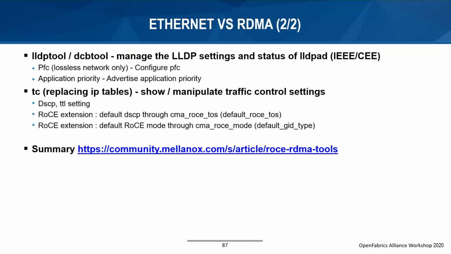It is not one-to-one. We still have gaps there, and we are working on it. And if you want to visit this community page, the link below will bring you there. So that's for the Ethernet versus RDMA.